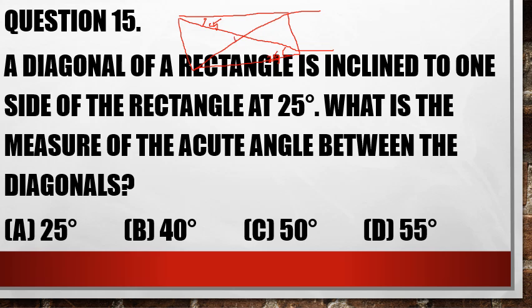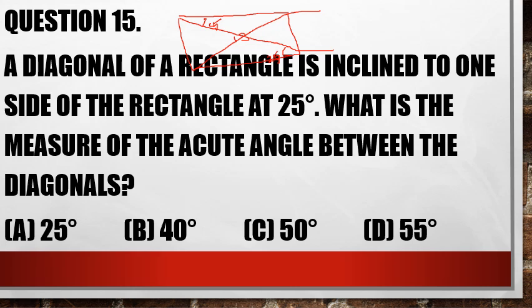Clearly these two angles are obtuse, that is, greater than 90 degrees. These two are vertically opposite, and these two are not acute angles. Here this angle is acute. If this angle is 25, then what will happen to this angle?